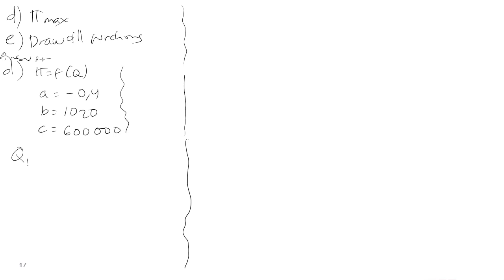Q at P max is minus b over 2a, this minus 1020 over 2 times minus 0.4. So Q at P max is 1275 units.